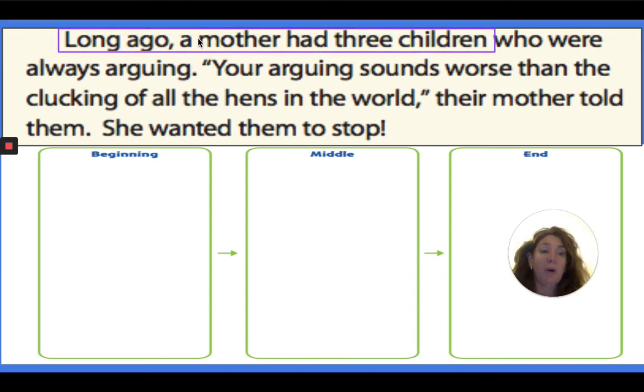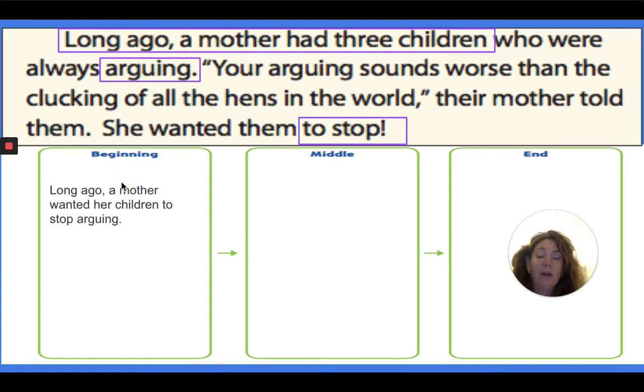Long ago is part of the setting because that's when it happened, a long time ago, when a mother is a main character and her 3 children, because they're the ones arguing together, and that's who this is about. Okay. And, well, what's happening? Oh, they're arguing all the time. It's getting on her nerves big time. Okay. And what does she want? Well, she wants them to stop.